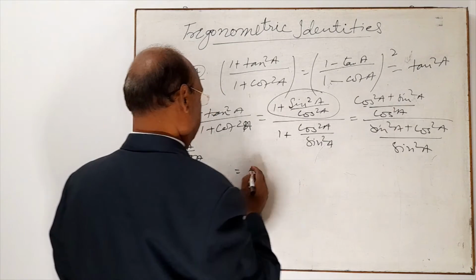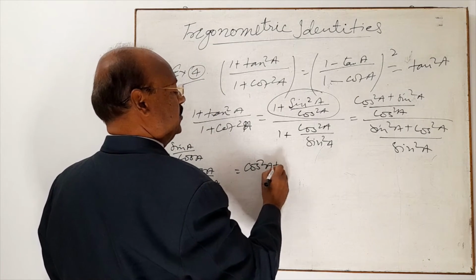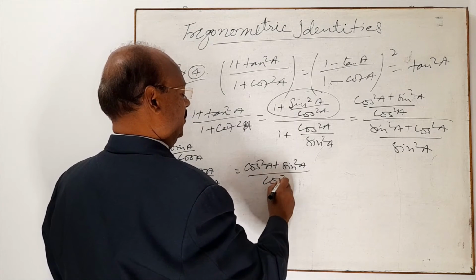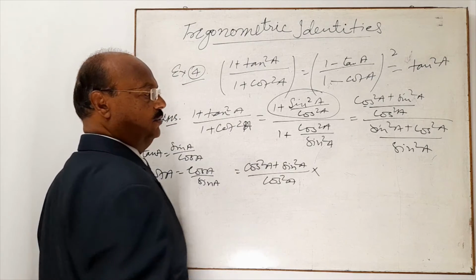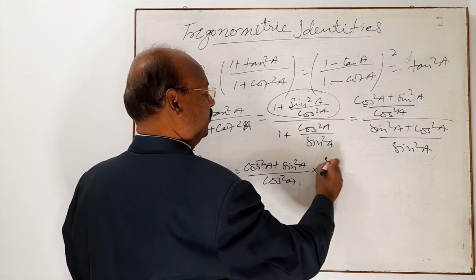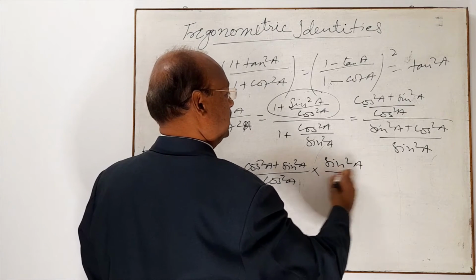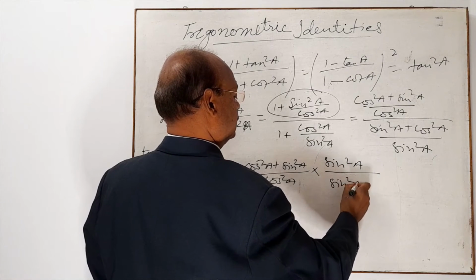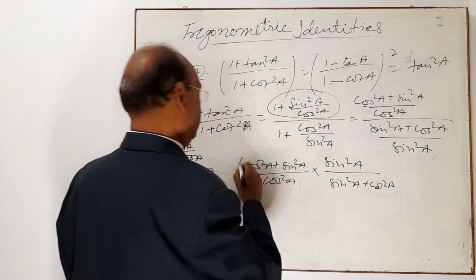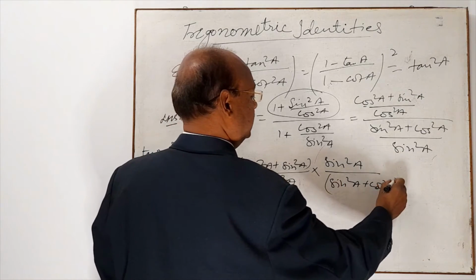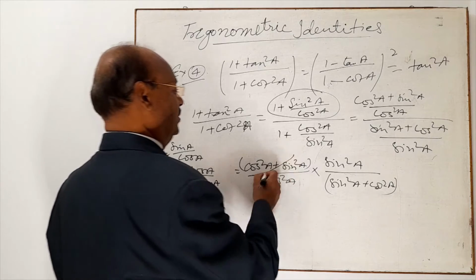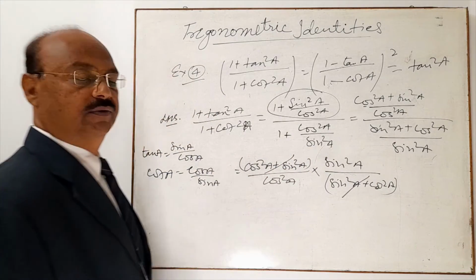Here this part is (cos²A + sin²A)/cos²A into, this denominator can be written as its reciprocal, sin²A/(sin²A + cos²A). You see, this numerator and this denominator are both the same, sin²A + cos²A. So this will cancel out.